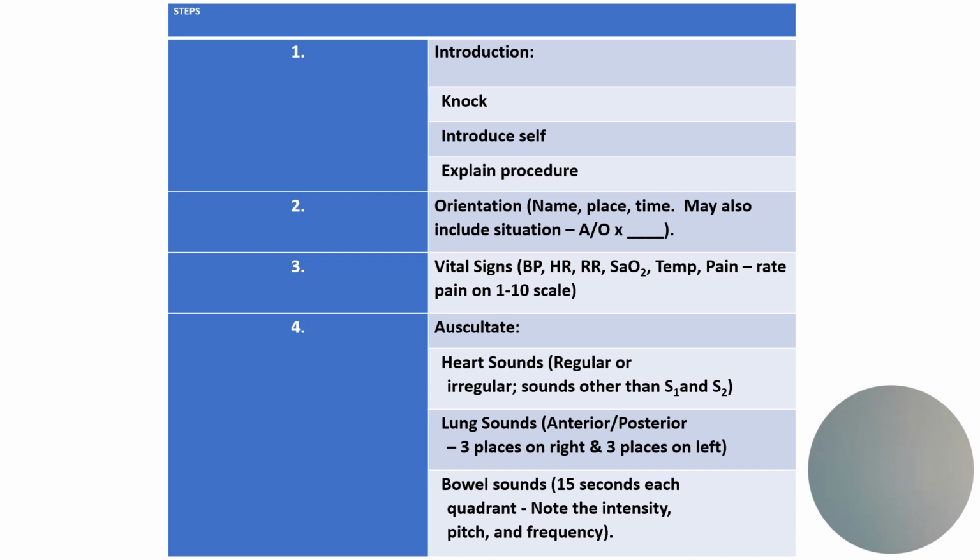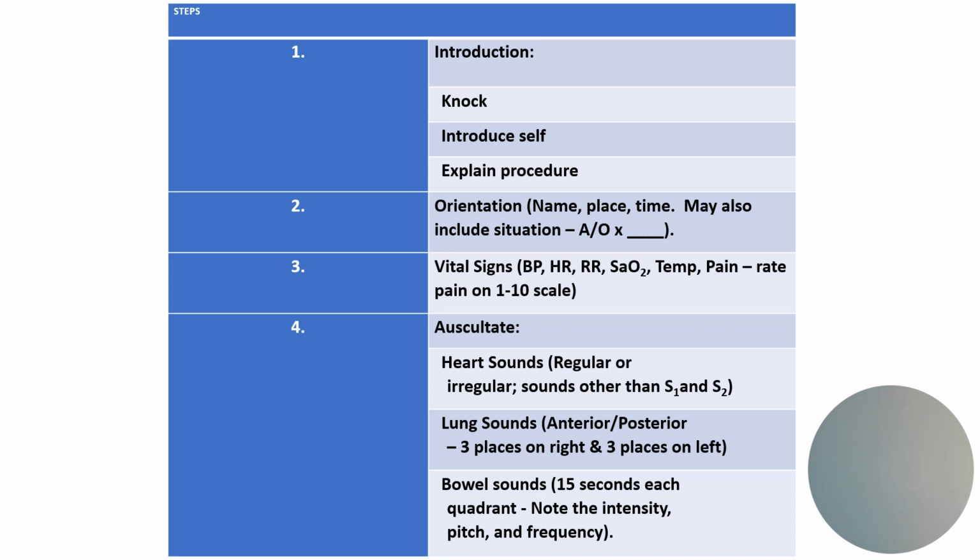So asking them what season it is or what meal they just ate, etc. We could also include why are you here, or what brought you to the hospital or to the clinic. This would identify the situation.